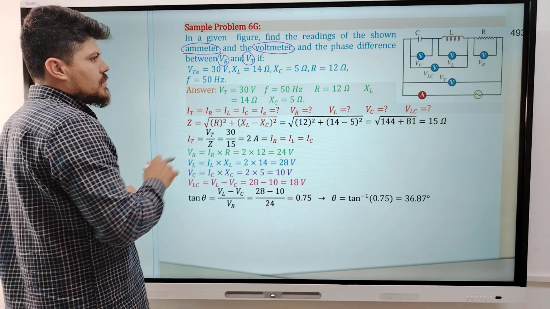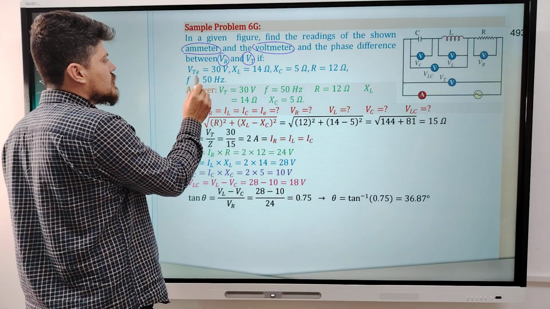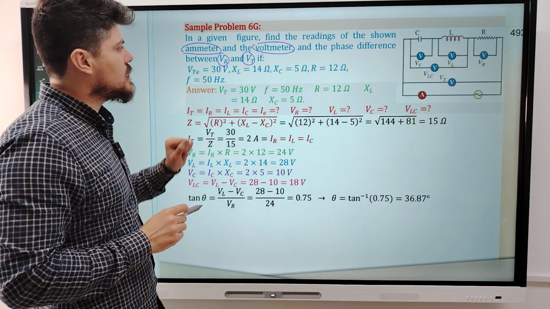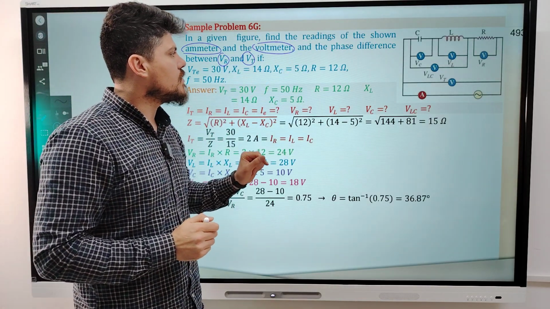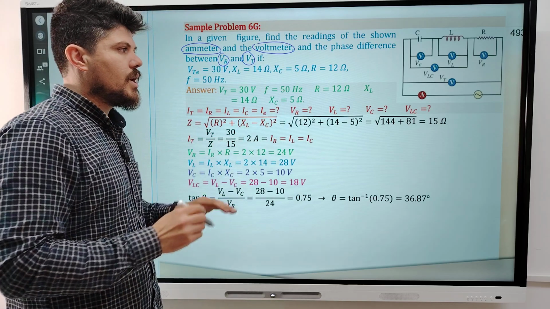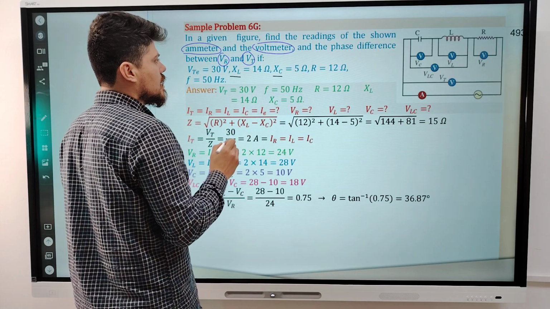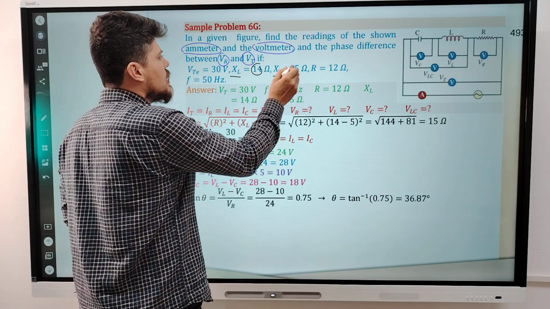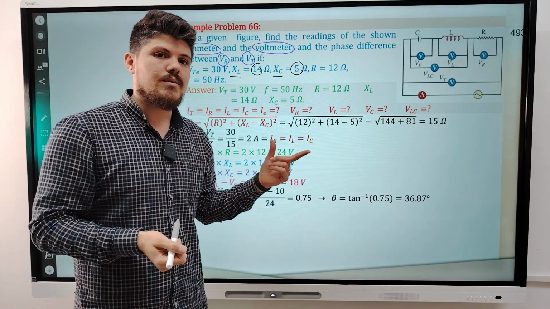At first, you have to write down the given values. The potential difference across the source, VE total, was given as 30 volts. XL was given as 14 ohms, XC 5 ohms, and resistance 12 ohms. Without solving, look at XL and XC. Which one is bigger? XL: 14 is greater than 5.